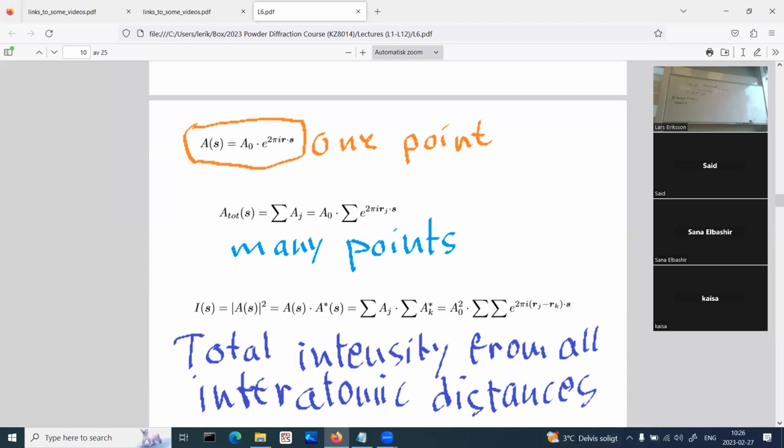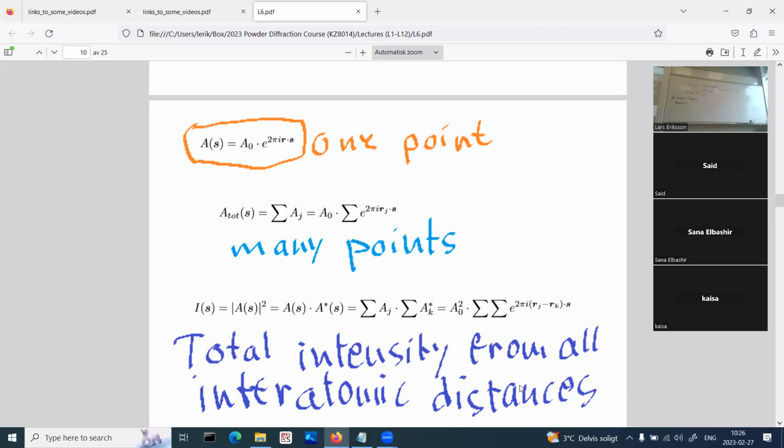This amplitude in the outgoing wave, one can square, and you get the intensity. If this is the amplitude of all different points, then the intensity is the amplitude squared, summed over all the different points, with the difference in distance between each and every point, Rj minus Rk.